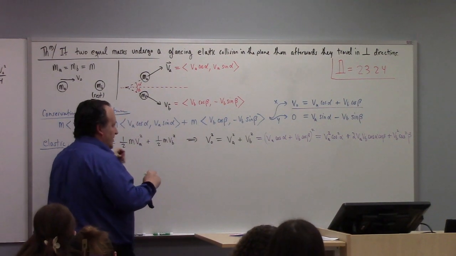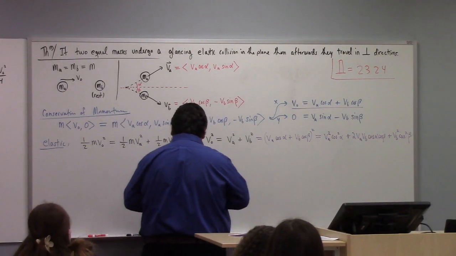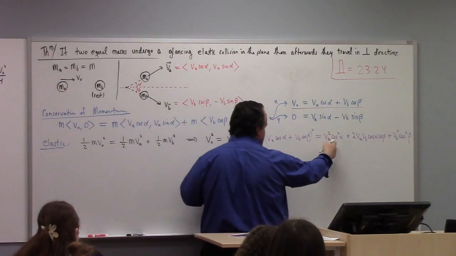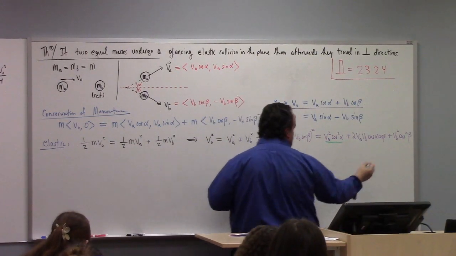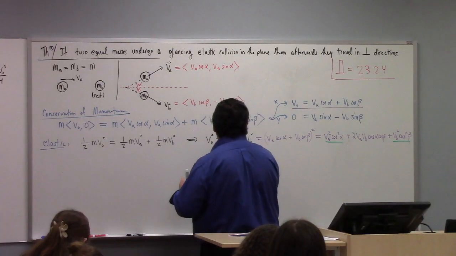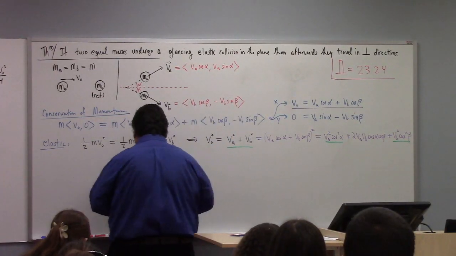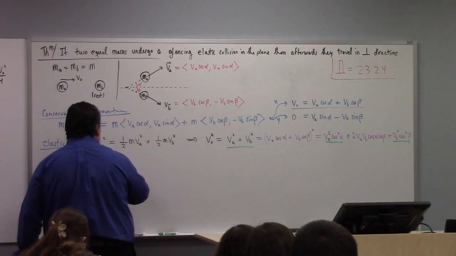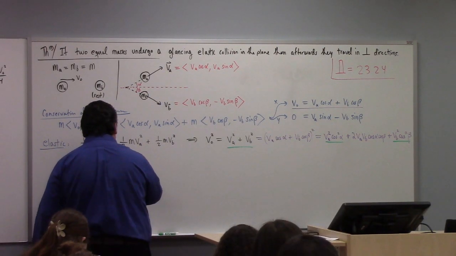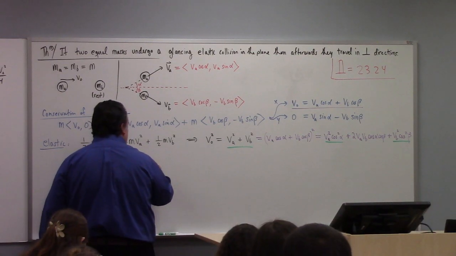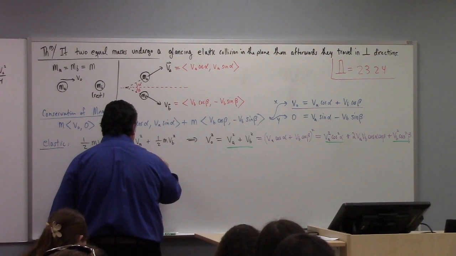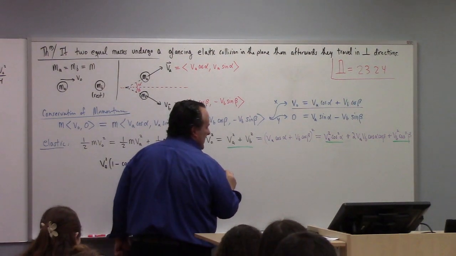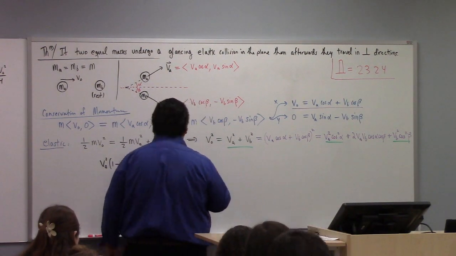What I'm doing next, guys, is I'm going to bring those over to here. All right, in the following sense, I have VA squared times 1 minus cosine squared alpha plus VB squared times 1 minus cosine squared beta.